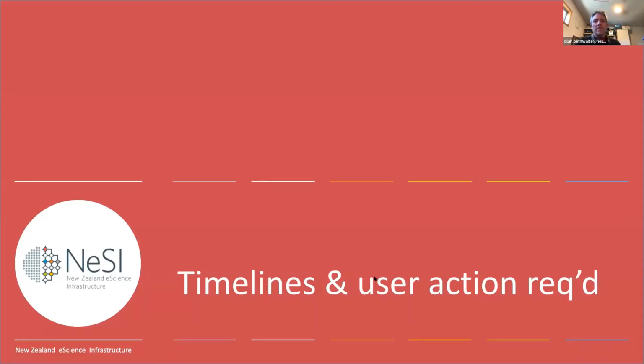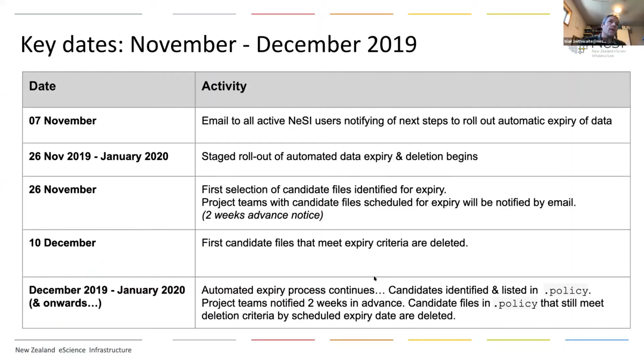So timelines. We sent an email on the 7th mentioning that this was going to be happening. On the 26th of this month, the staged rollout begins, and so the first notifications will go out.